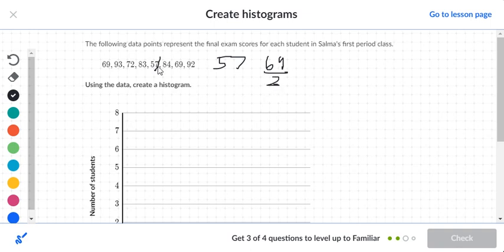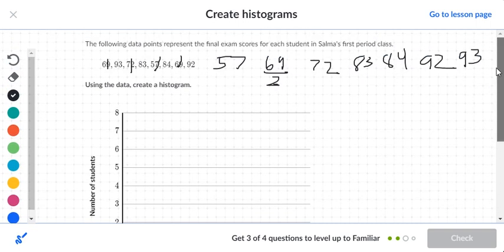And from 69, looks like we have 2 of those. Now the next number up is 72, which we have 1. And then we have 83, 84, followed by 92, 93.